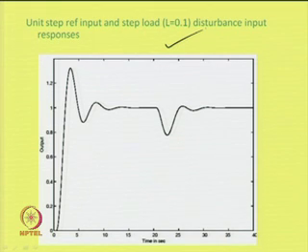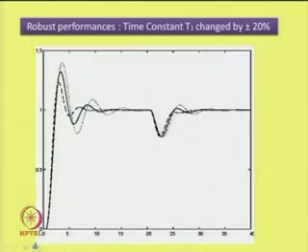The step responses and the load disturbance responses are shown over here. Very nice responses as far as the phase and gain margins are concerned. Now, since we have chosen suitable phase and gain margin, it is expected that we shall get robust performances from the closed loop system. That is shown by this diagram.